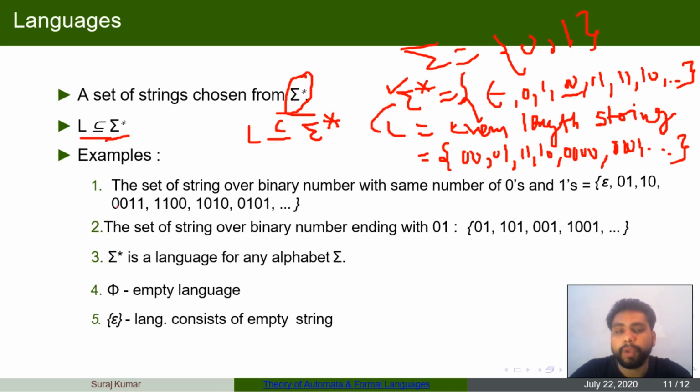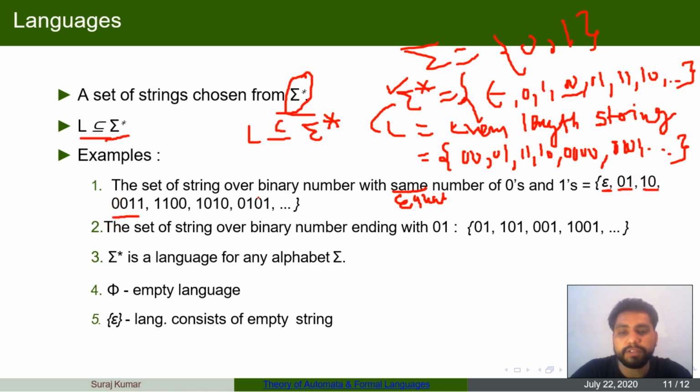Here you can also see some examples. A set of strings over binary numbers with an equal number of 0s and 1s: this contains 0 zeros and 0 ones, similarly 1 zero and 1 one, 2 zeros and 2 ones.